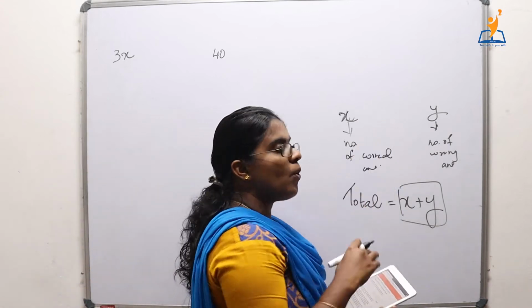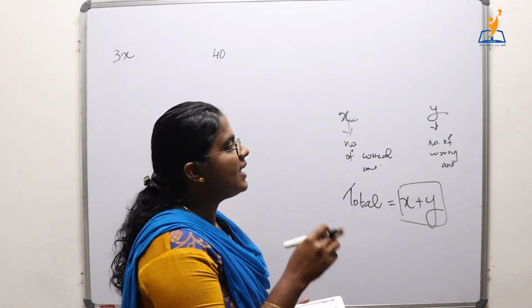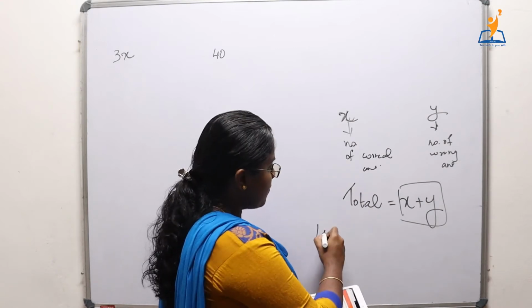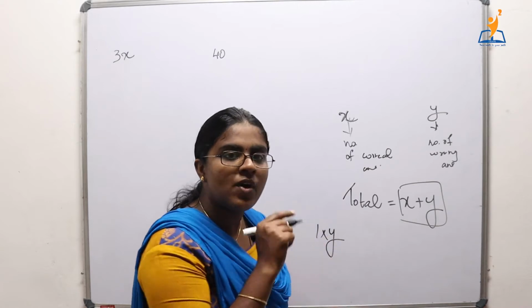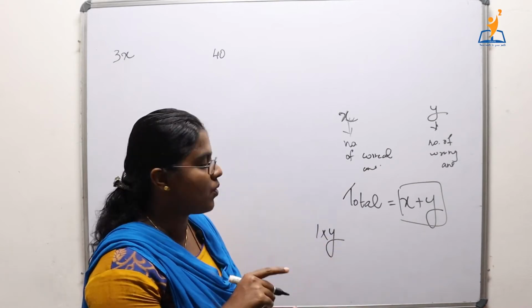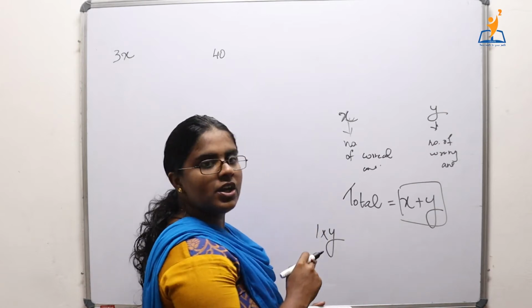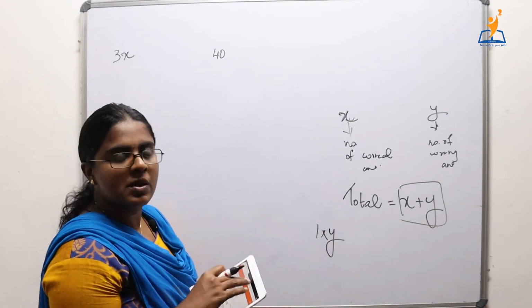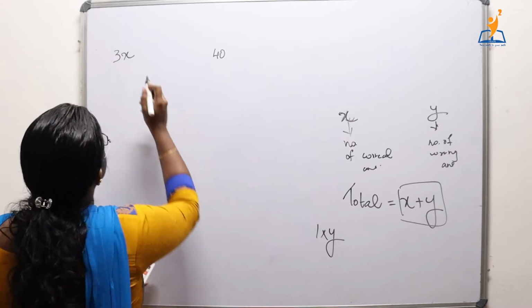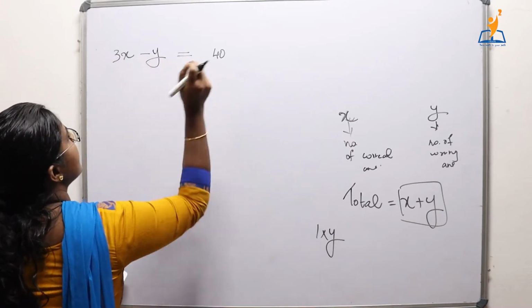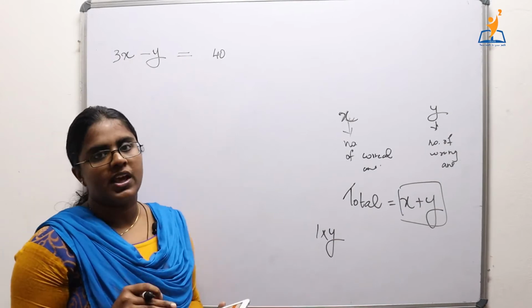If Y wrong answers were there, then the marks reduced will be 1 into Y, which means 1 mark is reduced for each wrong answer. So, if Y answers were wrong, then 1 into Y marks will be deducted. So, this Y marks will be deducted from the 3x marks and Yash had scored 40 marks.